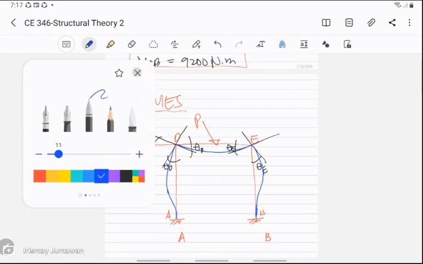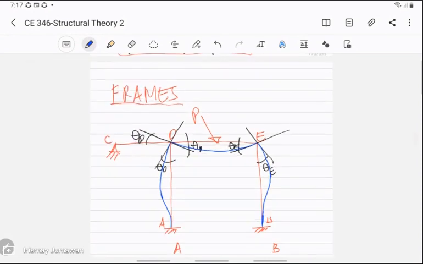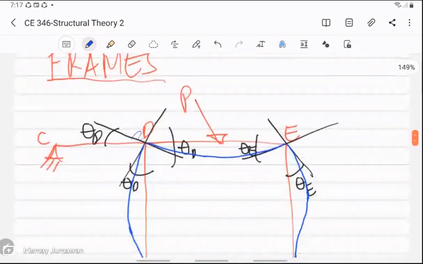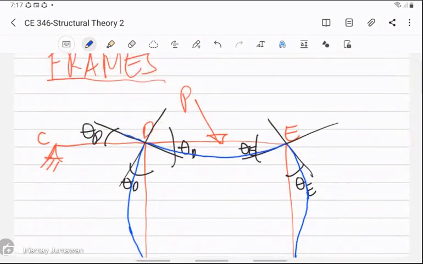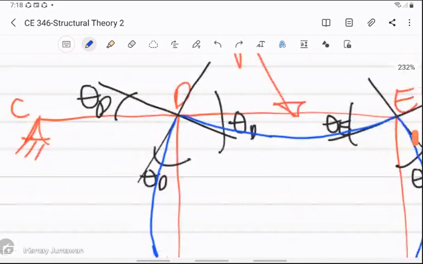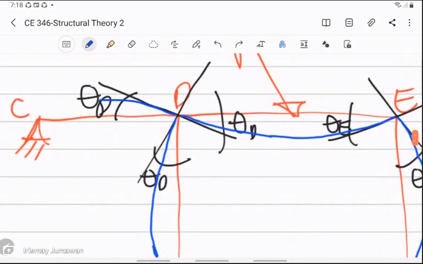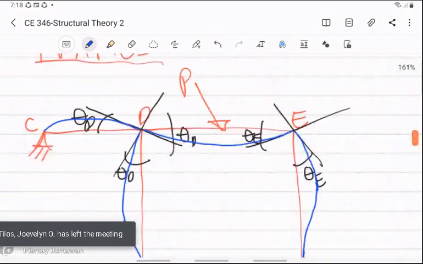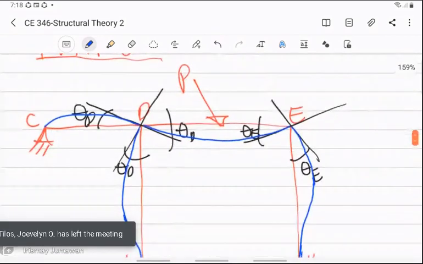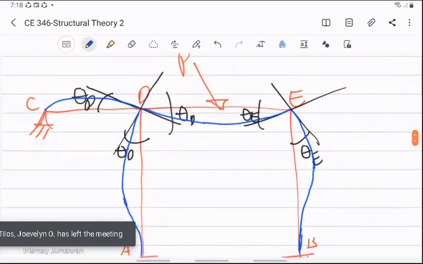So if you draw the elastic curve, the tangent of the line is your curve, or your elastic curve.